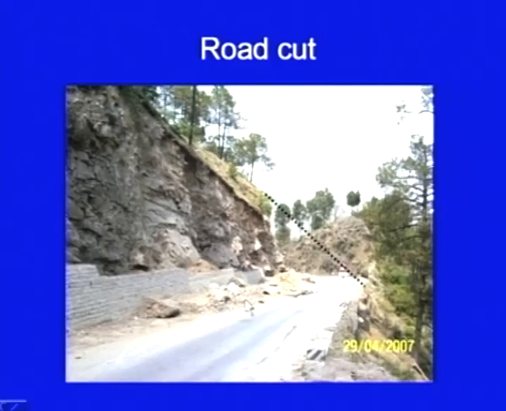Here are some examples I am giving. For example, this is a road cut in a hillside. This was the natural ground. You can see I have drawn a small dotted black line. This was the natural ground level. It was going like this. So in itself, what was the stability of this hill slope, that is another question. But above that, now we have done this cutting.